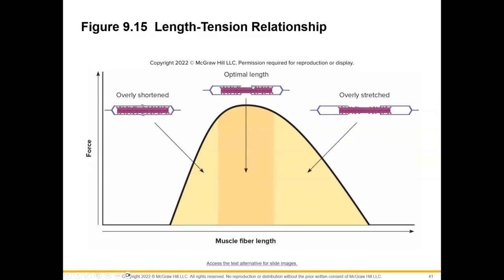So notice we have a lot of space here to put the two thin filaments together. That's optimal. If it's overly shortened, already contracted, you don't have any more room for contraction to occur. If you're overly stretched, notice that there's a lot of myosin heads that don't even come into contact with the thin filament.